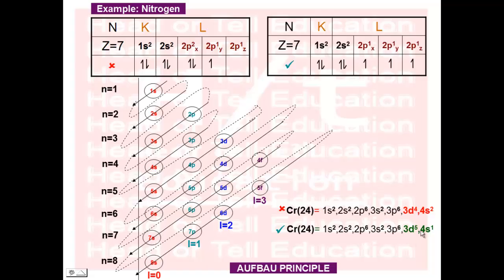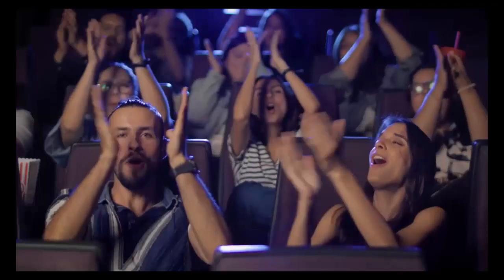So first fill 5 electrons in the 3d orbital, then 1 electron in the 4s orbital, so this configuration is very stable. This is the right electronic configuration of chromium.